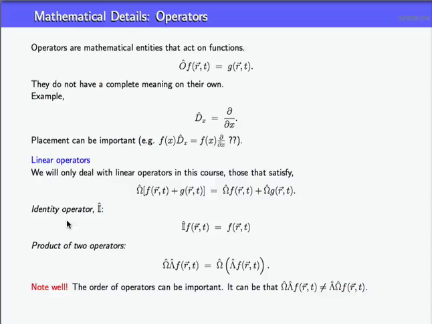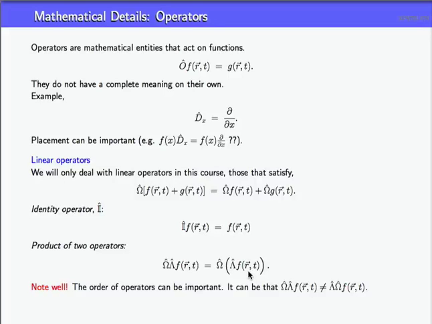One operator we talked about was the identity operator, which just does nothing to the function. It's a trivial one. We also want to consider products of two operators. We saw this in an earlier lecture. We'll take omega, lambda acting on f. The way we think of that is that the order is important. Lambda operates on the function first, and that returns a function, and then omega operates on the resulting function.